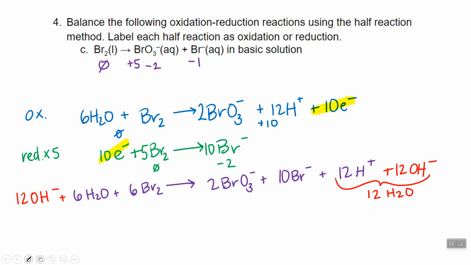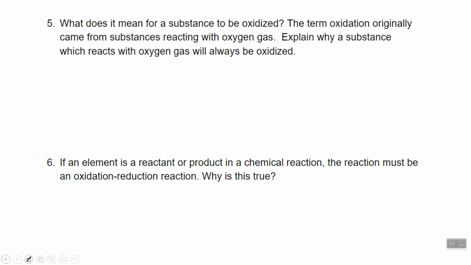So now I can go ahead and cancel out some more water, because I have 6 here that I can cancel out, and 12 here becomes 6. So I can go ahead and just rewrite my equation to get our final answer here.